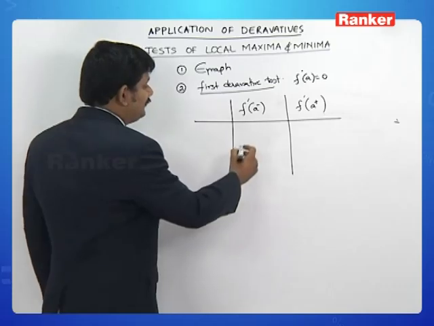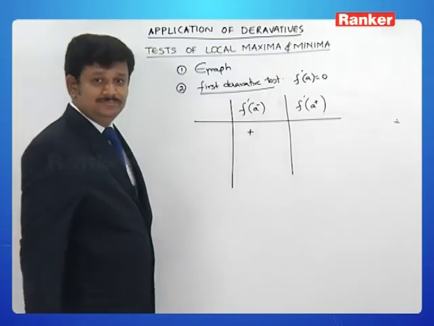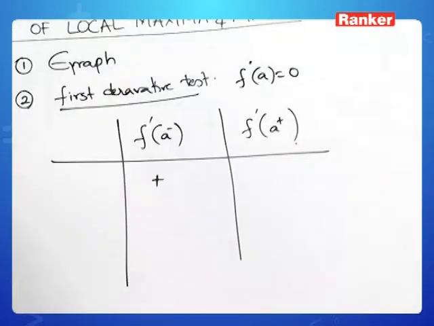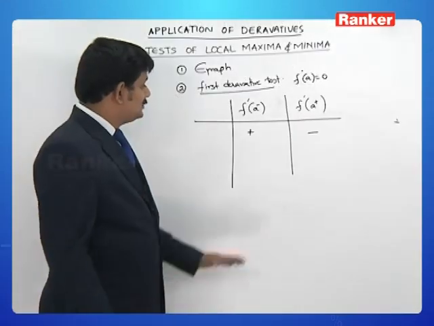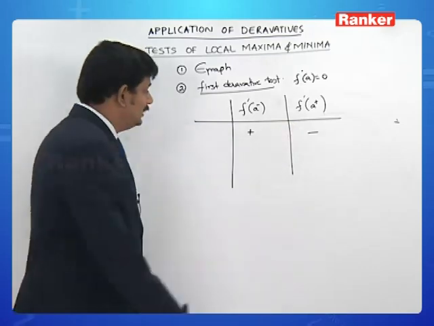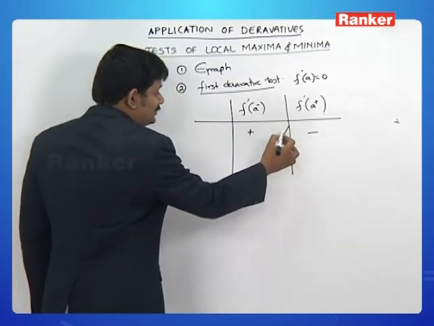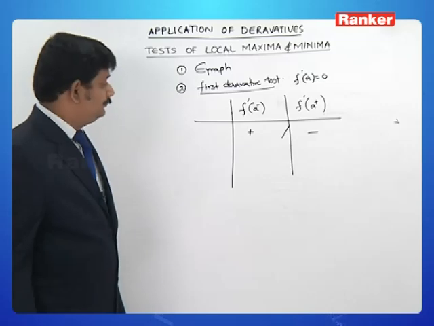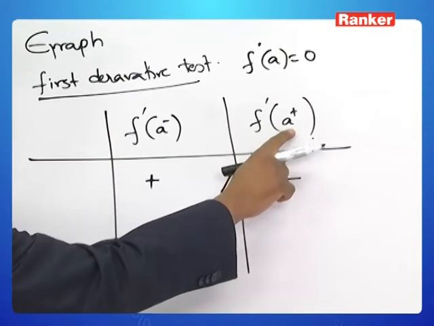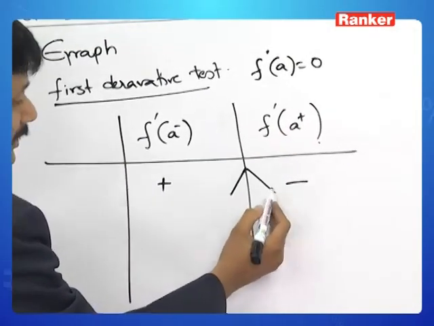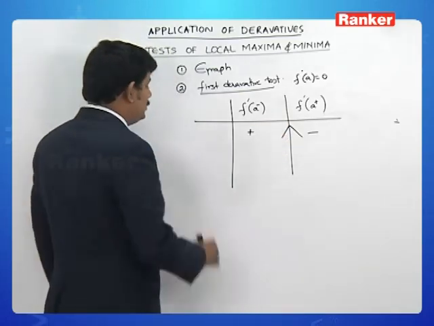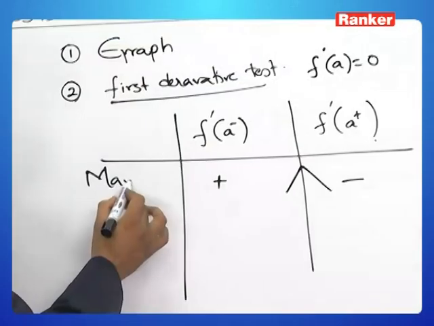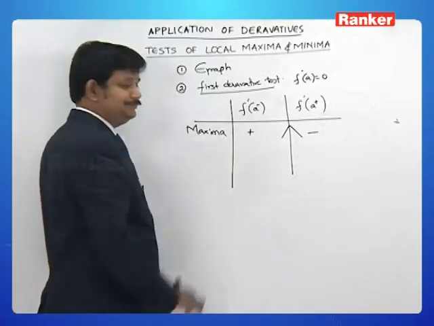If the sign of f dash A minus is positive and the sign of f dash of A plus is negative, that means the tangent to the left has acute angled inclination. Let us draw an acute angled inclination line here, and the tangent to the right has obtuse angled inclination. So, we can see a peak at the top which corresponds to a maxima.